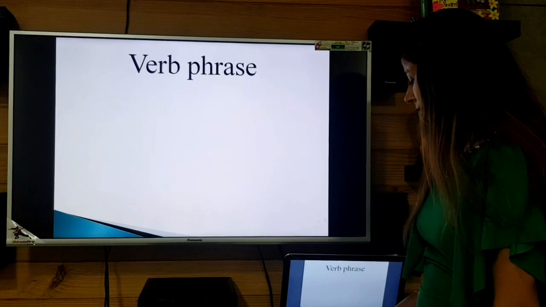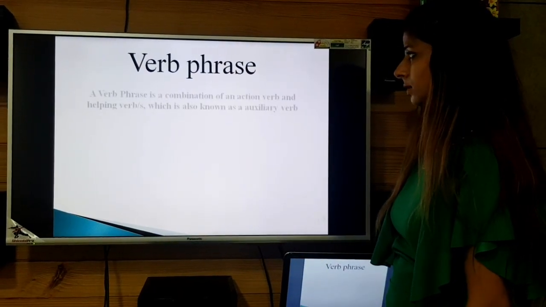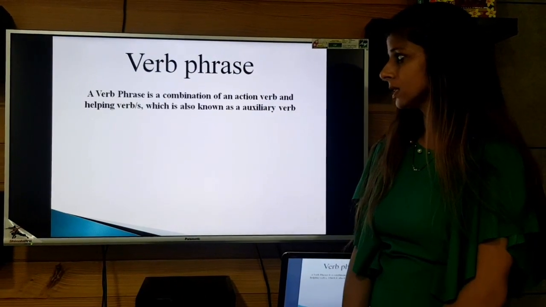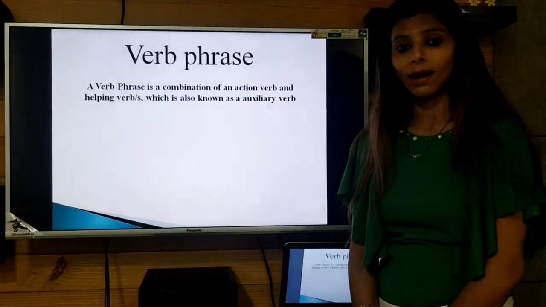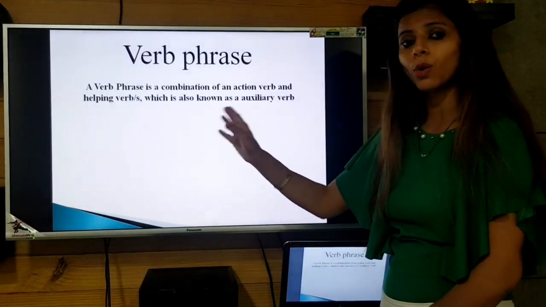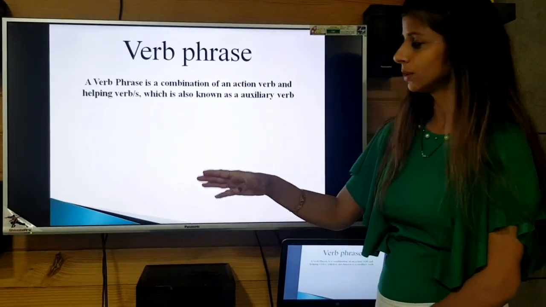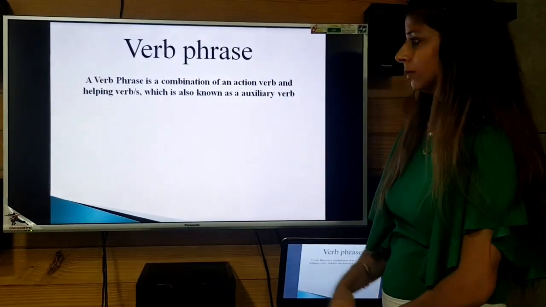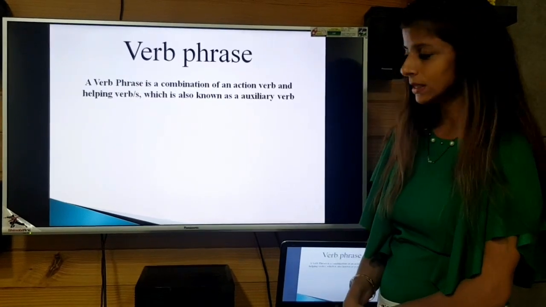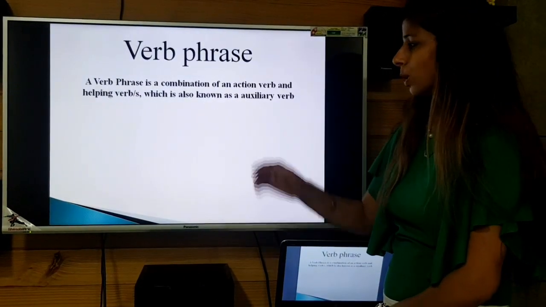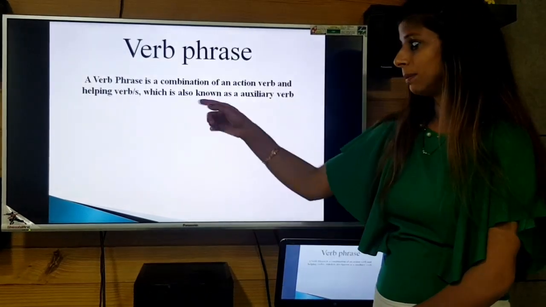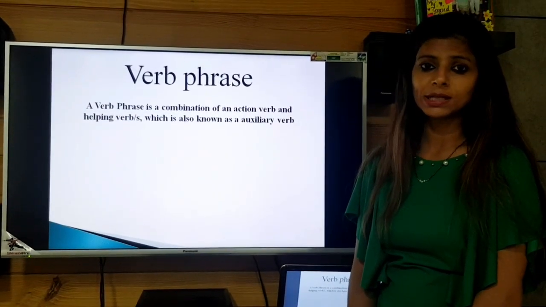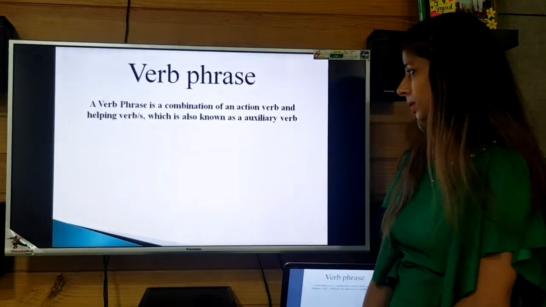Here is the definition: a verb phrase is a combination of an action verb and helping verb or verbs. It may be either one or two. We'll talk about it in the examples too. A helping verb is also known as an auxiliary verb.